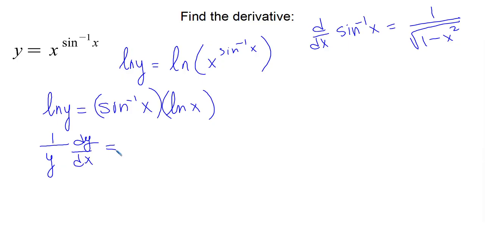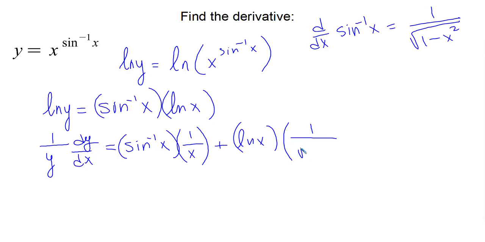That should equal our first function, inverse sine of x, times the derivative of natural log, which is 1 over x, plus the natural log of x times the derivative of inverse sine of x, which is 1 over root 1 minus x squared.